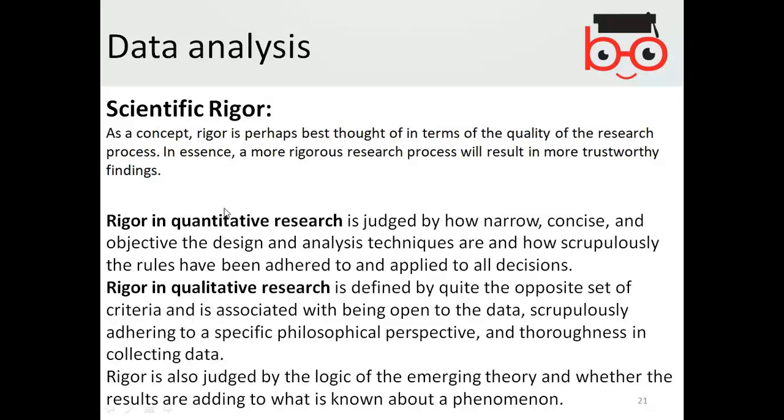As we discussed, rigor in quantitative research is judged by how narrow, concise, and objective the design and analysis techniques are, and how scrupulously the rules have been adhered to in applying to the decisions, while rigor in qualitative research is defined by the quite opposite set of criteria and is associated with being open to the data, scrupulously adhering to a specific philosophical perspective.